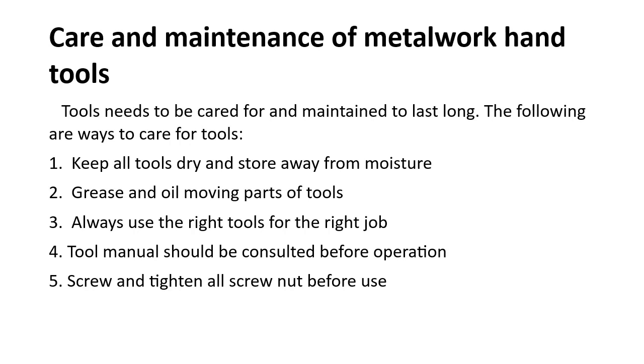Keep all tools dry and store away from moisture. 2. Grease and oil moving parts of tools. 3. Always use the right tools for the right job. 4. Tool manual should be consulted before operation. 5. Screw and tighten all screw nuts before use of tool.